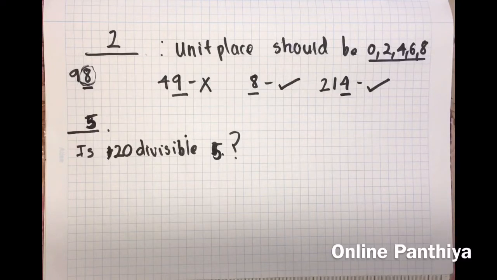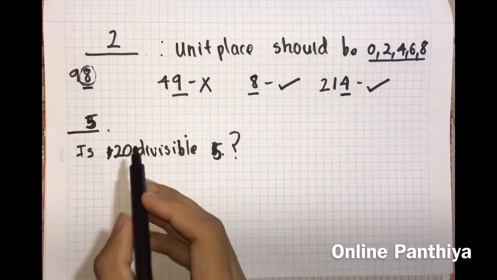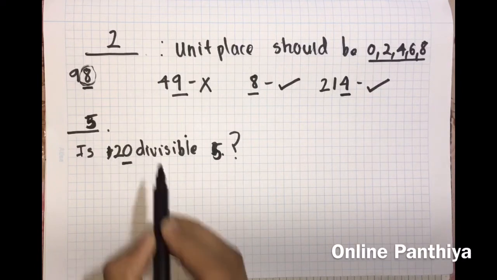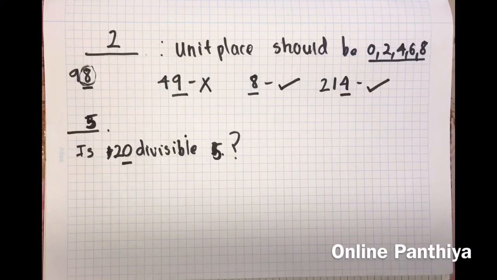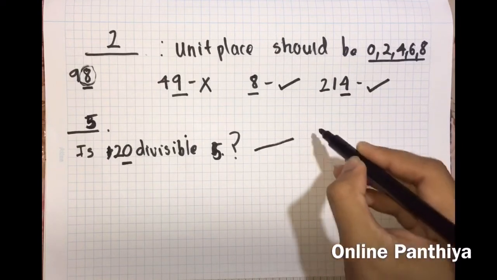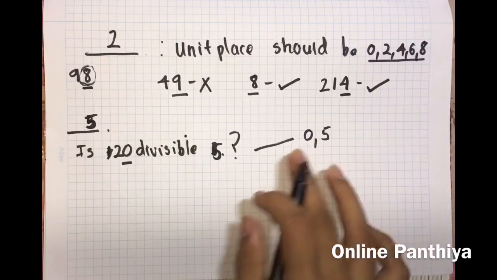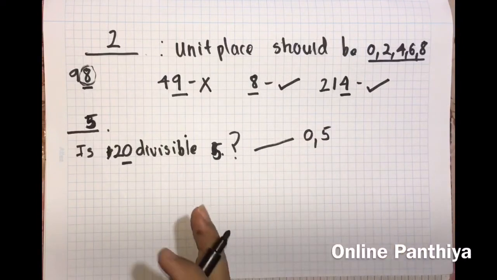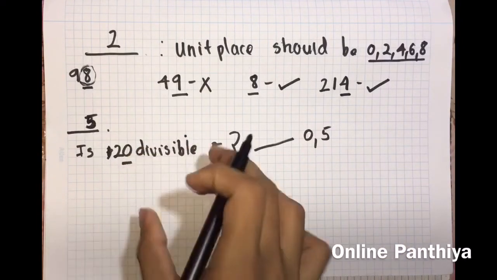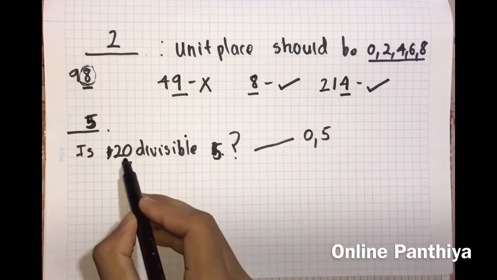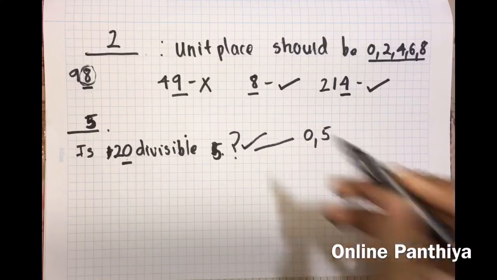You have to check the number at the unit place. It is 0. There are only two possible numbers: the number should be 0 or 5. If the number at the unit place is 0 or 5, then that number is divisible by 5. So is 20 divisible by 5? Yes. Why? You have 0 here. So the answer is yes.